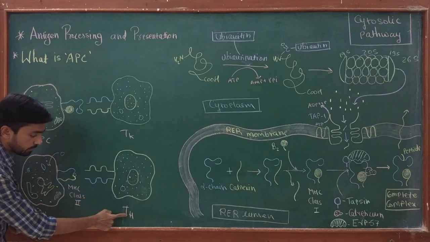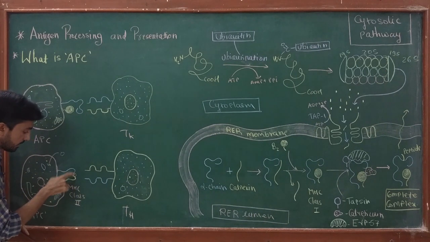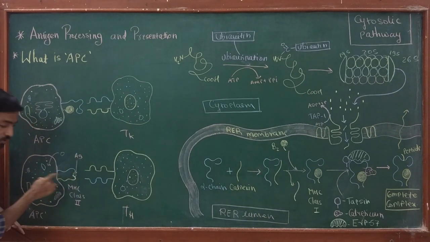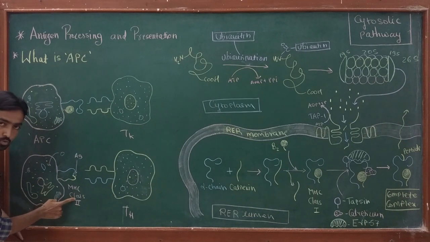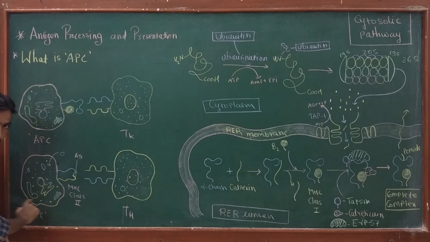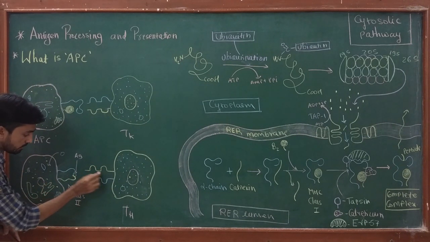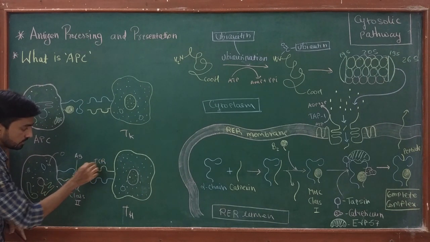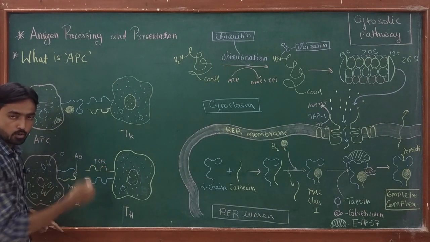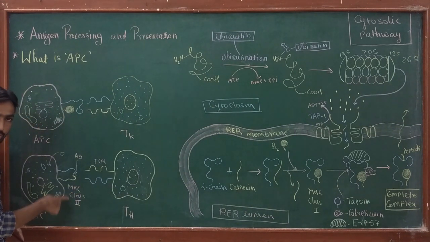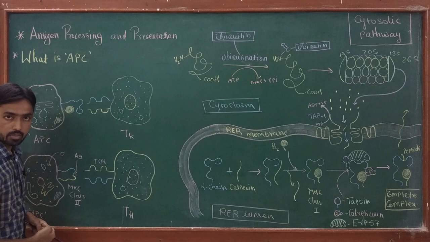That means the T helper cell always recognizes the antigen presented on an MHC class 2 molecule by the antigen presenting cell. When this T cell comes close to the antigen presenting cell, it binds to the antigen using the TCR, the T cell receptor. I am going to discuss the detailed structure of TCR and MHC class 2 and class 1 molecules in my upcoming videos.